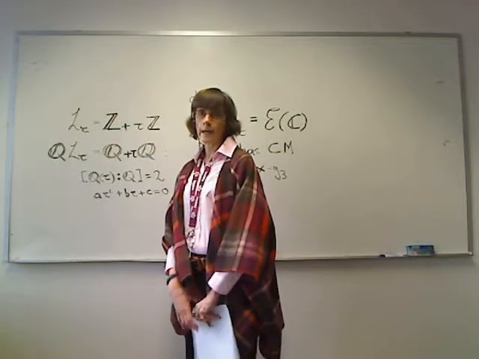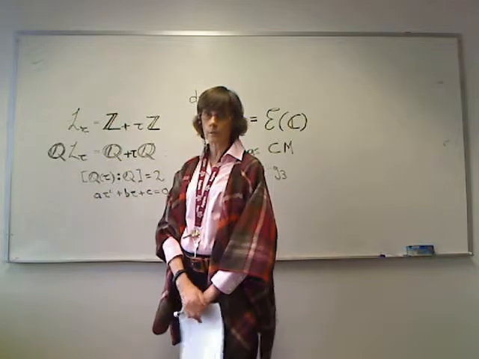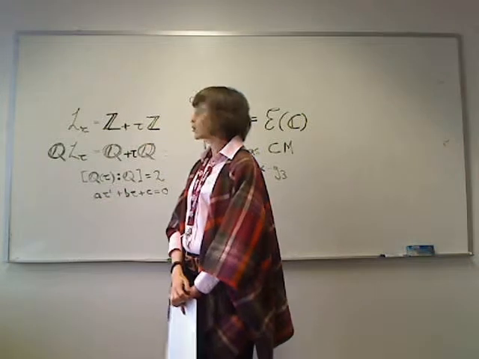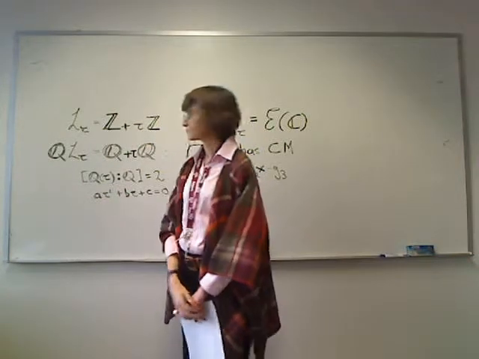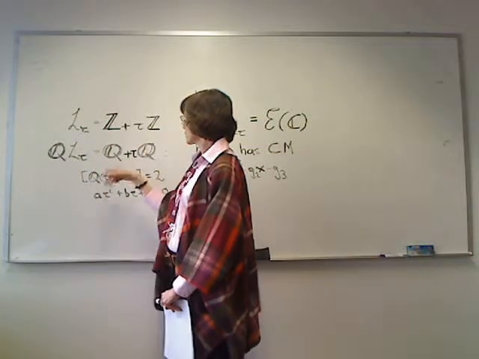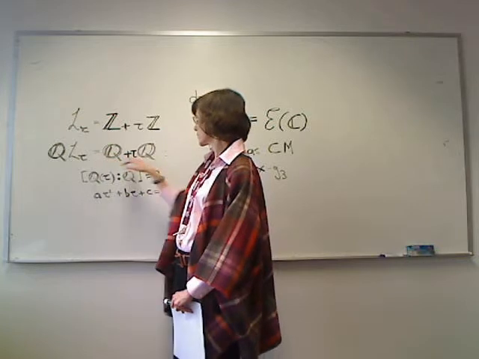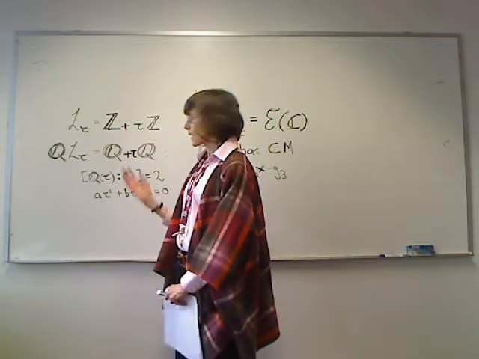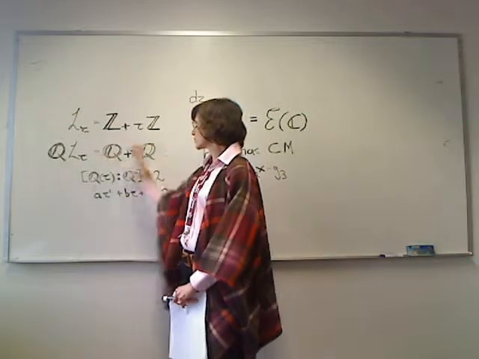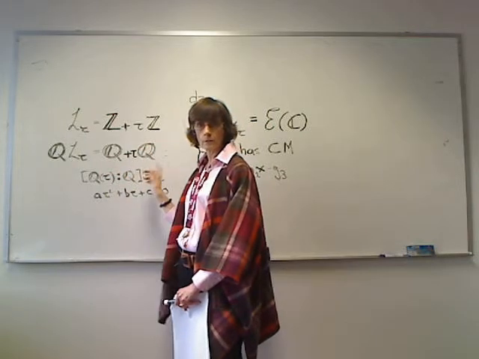So we consider a lattice in the complex numbers, which is nothing more than a Z-module of rank 2 generated by 1 and a complex number tau, which is not real. If we consider, instead of the Z-module, the vector space generated over the rational numbers Q by 1 and tau, then as it's a vector space over the rational numbers, every rational number acts on this vector space by multiplication and leaves the vector space fixed.